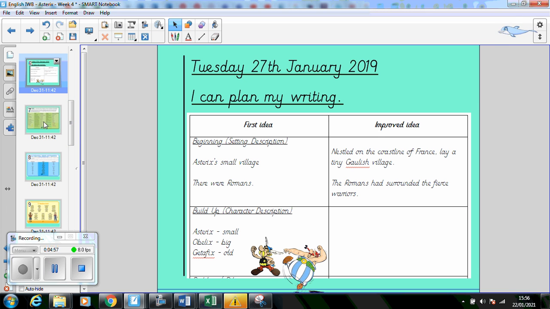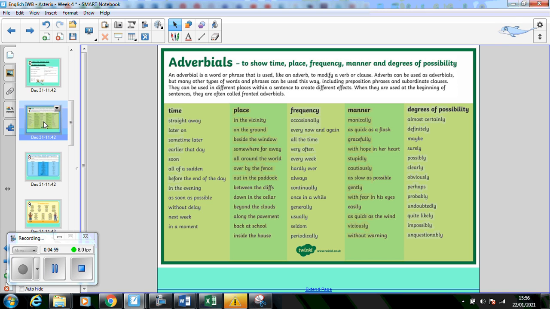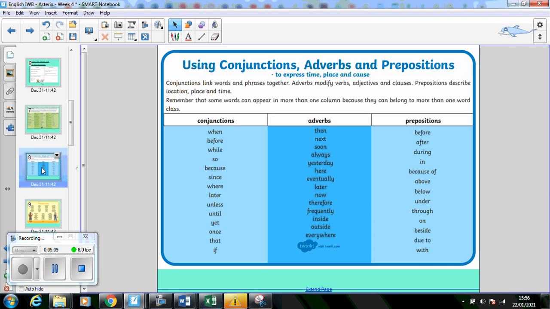Okay. Now I'm also going to attach some of these resources to help us with adverbials. We're particularly looking at manner here in the beginning and place. And I've included some prepositions which are going to help us when we make notes on our setting description.